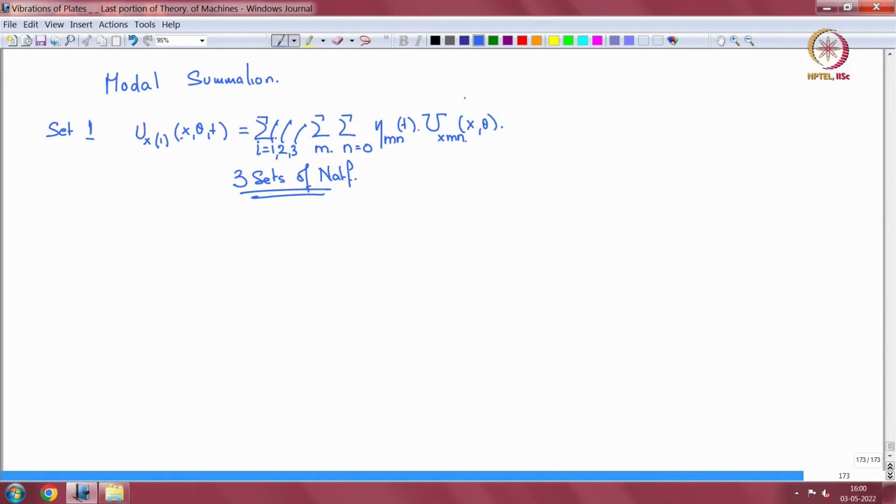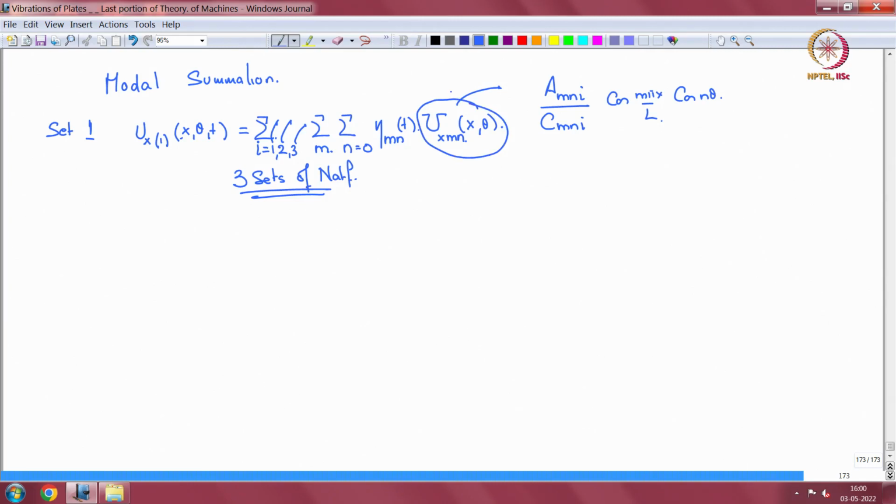So if I have to write this, I would write it as a_mnI divided by c_mnI, cos m pi x by L cos n theta, just this bit.